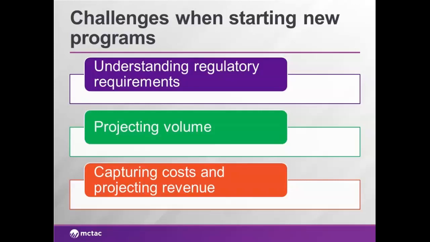So we really need, at a very detailed level, to understand the guidance from the state. So that's sort of a starting point in starting new services. And when we start a new service, we have to build a financial model. We have to understand what our volume's going to be, or at least project our volume.